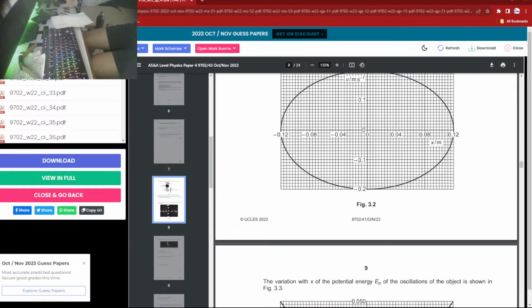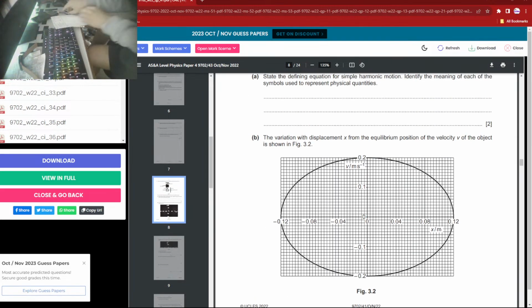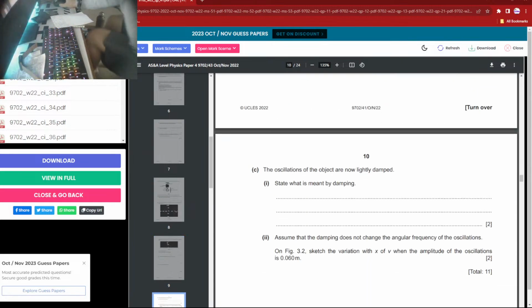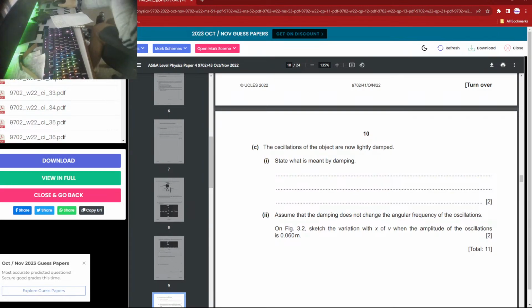Okay, so over here, since we know that the angular velocity does not change, as stated here, we use v is equal to angular velocity times x naught again. The amplitude of oscillation is 0.06, so we will have to find v naught.